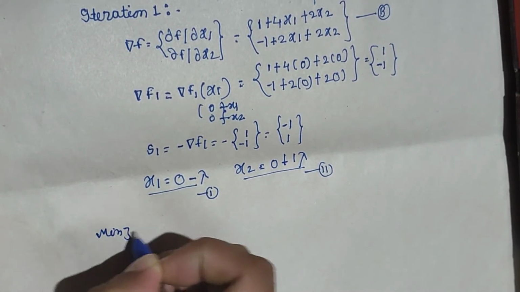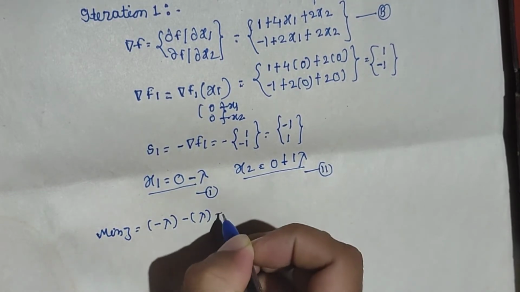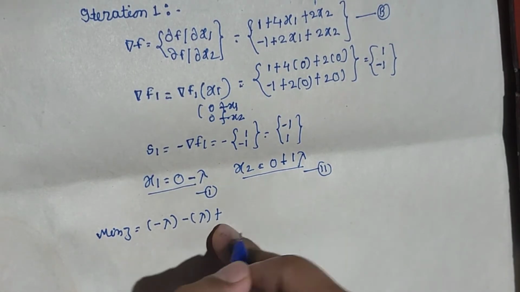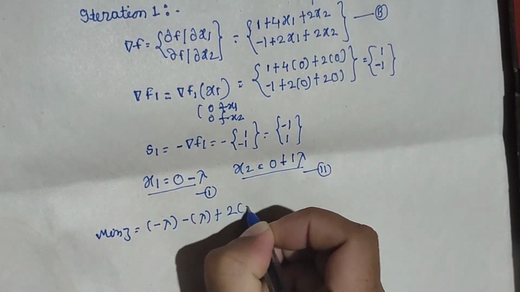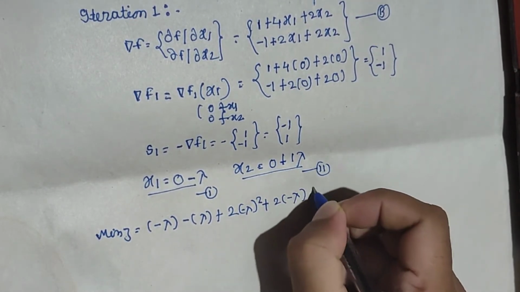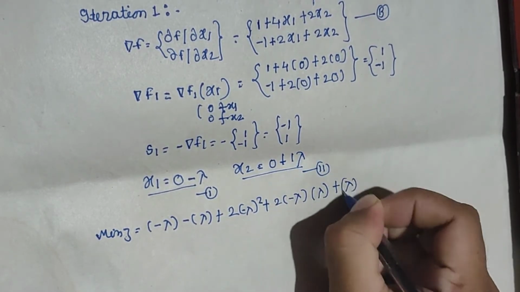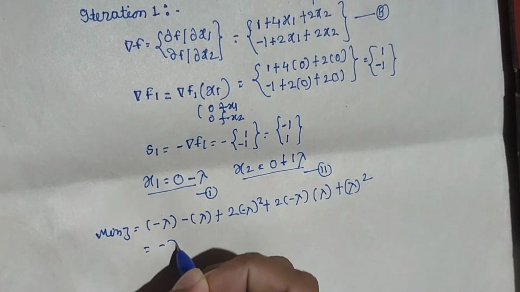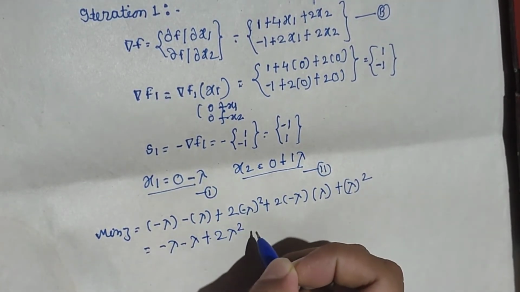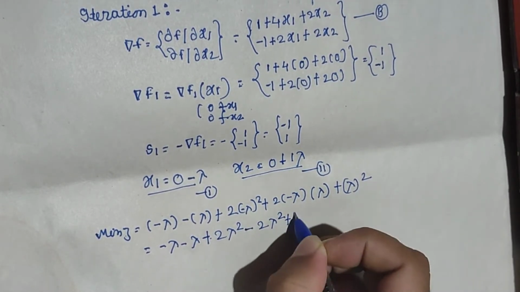Minimization of z equals minus lambda plus lambda, minus lambda, then minus into plus lambda, then 2 minus lambda square, then 2 minus lambda into plus lambda, then x2's value, plus lambda, lambda square. So we got lambda minus lambda plus 2 lambda square minus 2 lambda square, again lambda square.